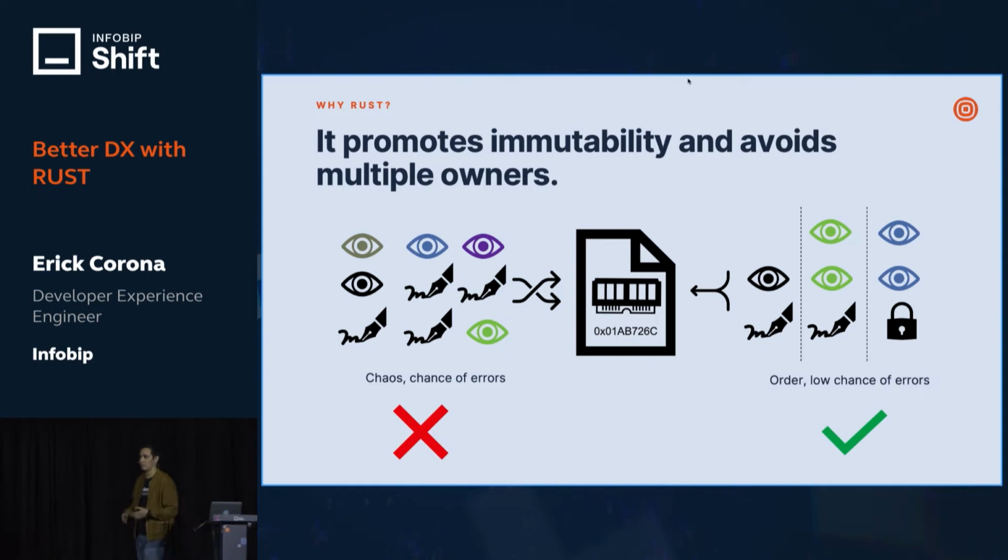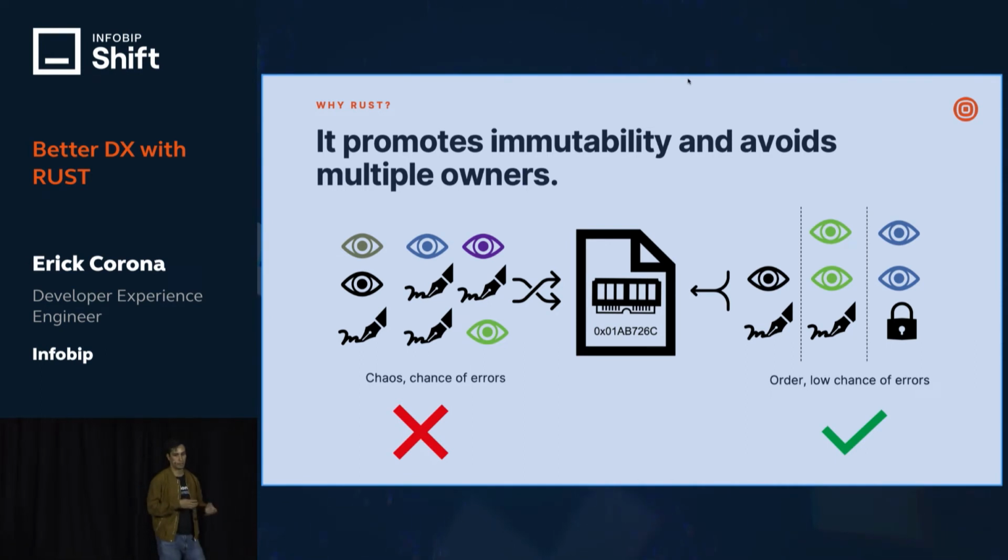So basically, Rust achieves safety in several ways, but the most important is that it introduces more order into your code. It lowers the chances of errors by being very strict with some rules that disallow having multiple owners of data.